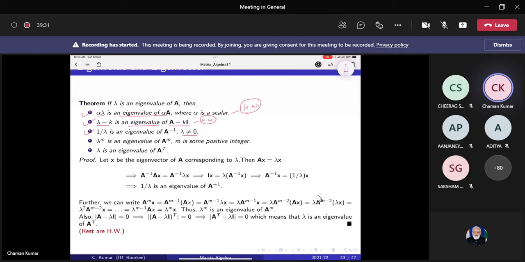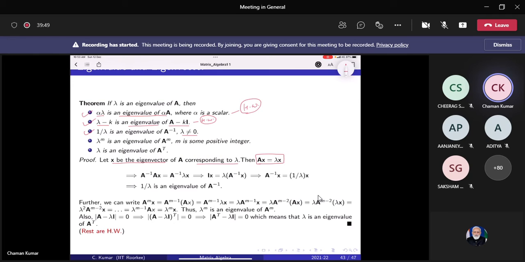So we are given that lambda is an eigenvalue of A. So we can assume that x is the eigenvector corresponding to the eigenvalue lambda. This means Ax is equal to lambda x.